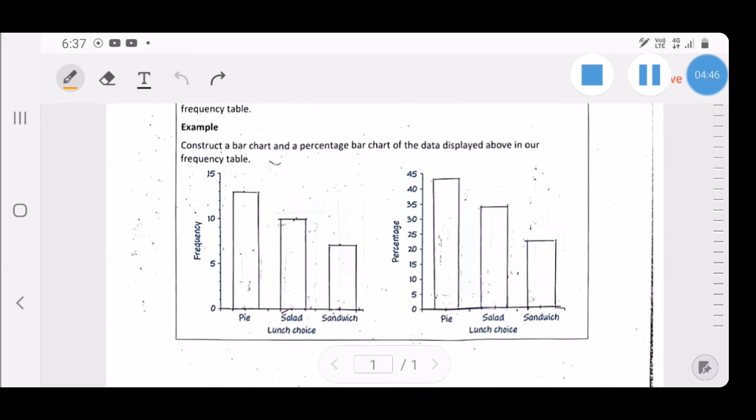So for a regular bar chart, the one on the left here, we have frequency as our vertical axis variable, our dependent or our response variable, and our explanatory or independent variable goes down here, okay, which is lunch choice. And these were the three options.